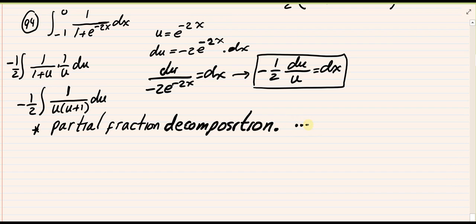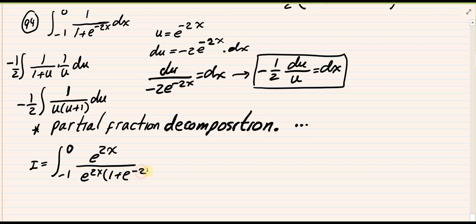So for us, how are we going to do this? What we're going to do is actually create something out of the integrand to get rid of the negative exponent, e to negative 2x. Let's multiply both top and bottom by e to 2x. By doing that, I get e to 2x multiplied by 1 plus e to negative 2x in the denominator, and then dx.